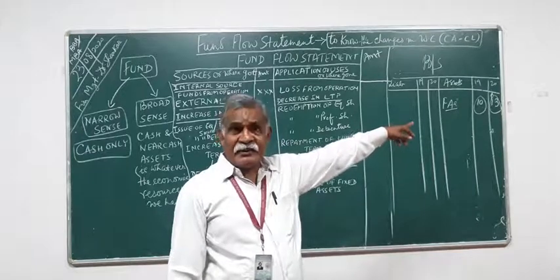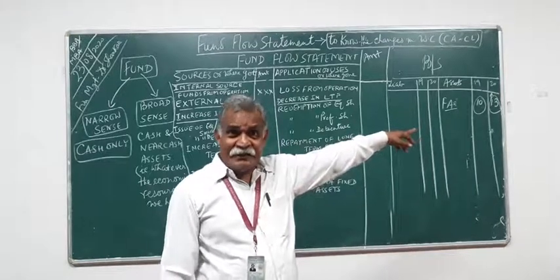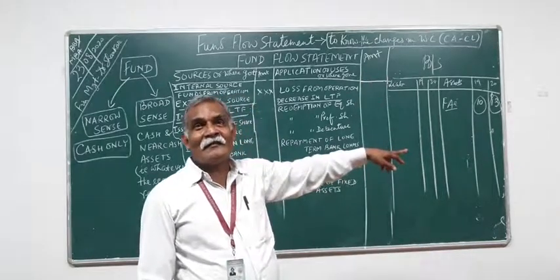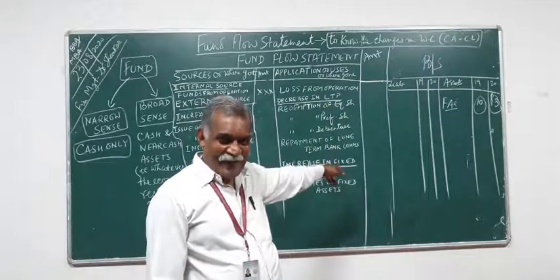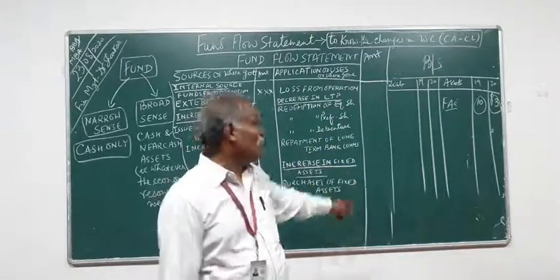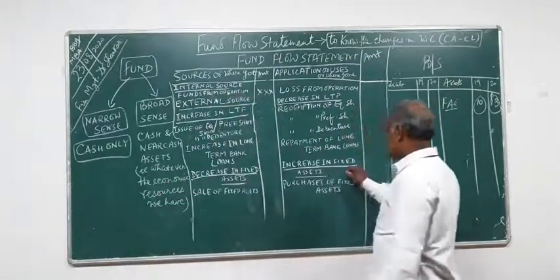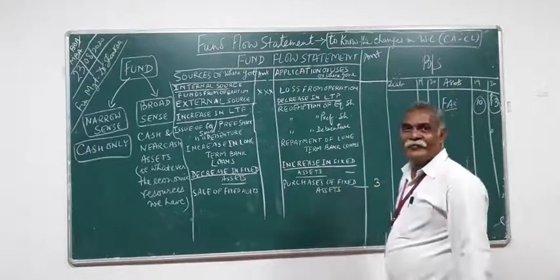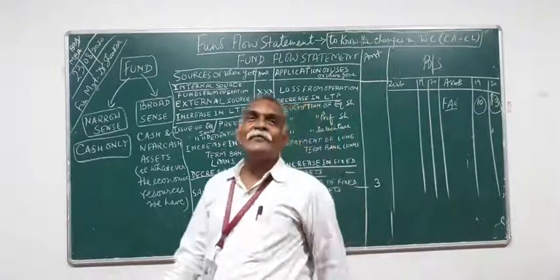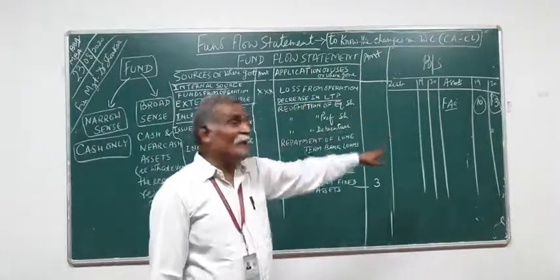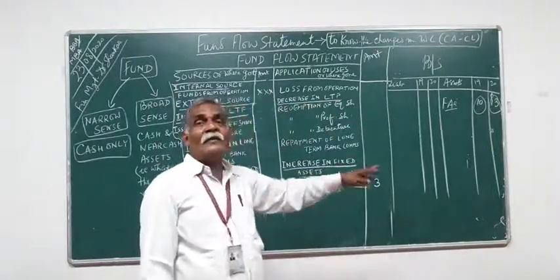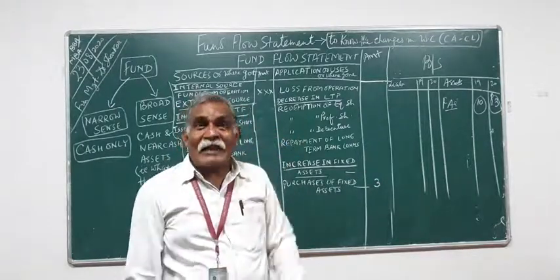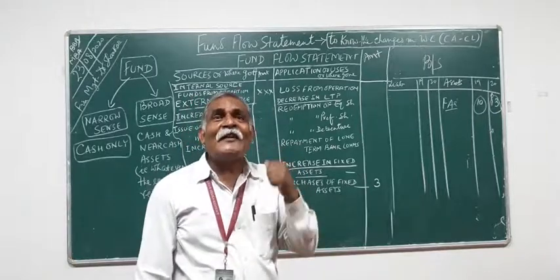Fixed assets have increased. So an increase in fixed assets will be considered on the application side of the fund flow statement. You should write only 3, because with the help of two years' balance sheets we came to the conclusion that your fund has been utilized, that is 3 rupees, to purchase the fixed assets.